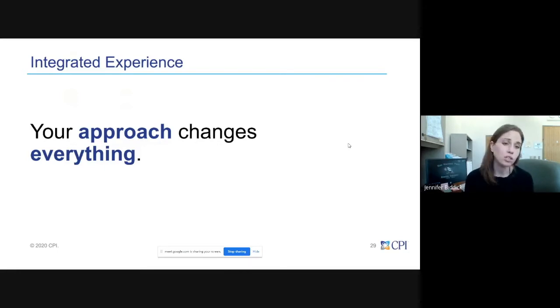So our approach to things in the classroom is going to impact our learners' level of success, as well as any challenging behaviors that we might see our learners demonstrate. So really super, super important one. Your approach changes everything, and recognizing and understanding underlying causes of behavior of someone else as well as yourself can help you to respond and prevent and manage crisis situations.